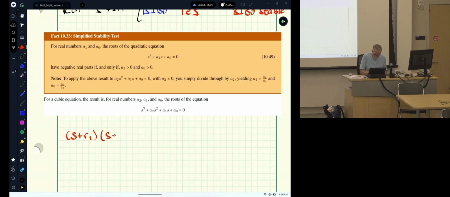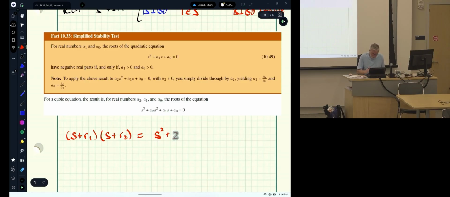Well, I'll do it like this. Okay. So the roots are minus R1 and minus R2. So the way I've written it down here, we want R1 and R2 to be positive. The poles are minus R1 and minus R2. So notice that we know enough about multiplication.